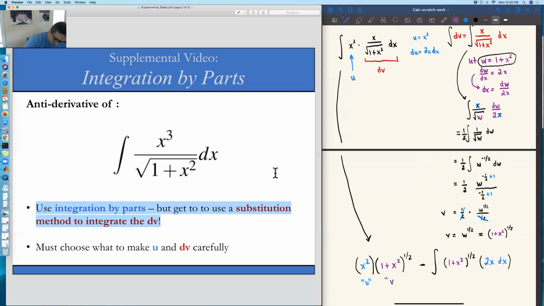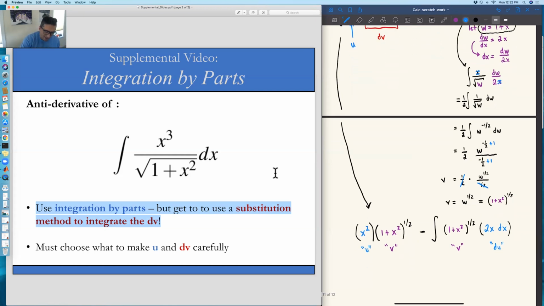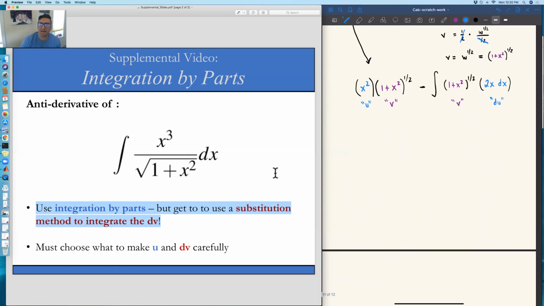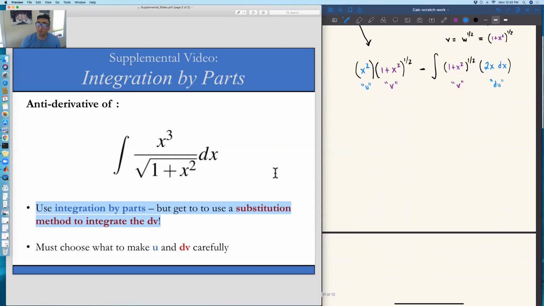That was the v that we found. That was the integral minus the integral of v and du. So those are all of our characters here, except since we still have that integral sitting there on the right-hand side, we're not done with this problem yet. We haven't computed the original function's antiderivative. So let's mosey on along.